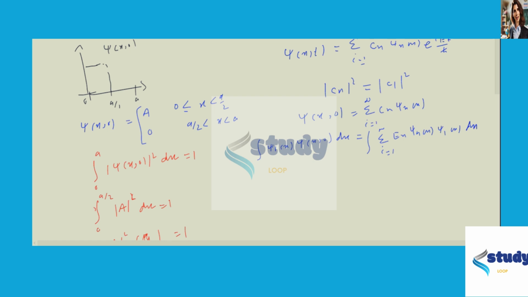For the terms where n is not equal to 1, the integral is 0, so we are left with only the term C1. Therefore the integral of psi 1(x) psi(x, 0) dx is equal to C1 times 1.